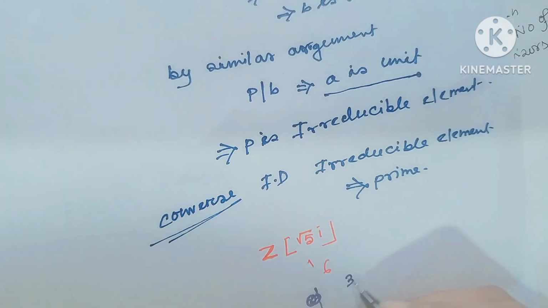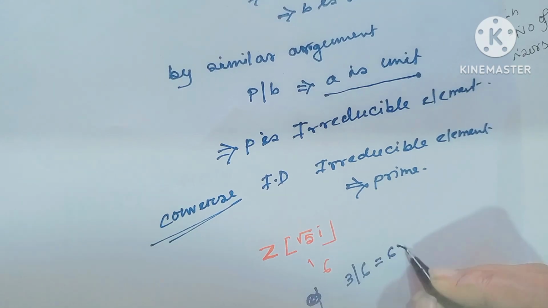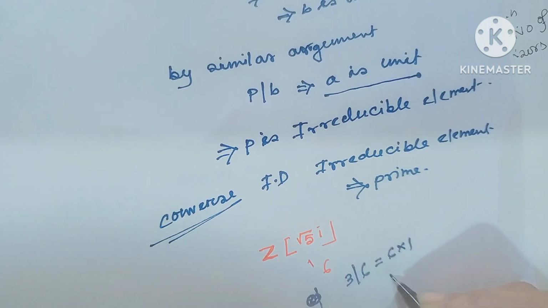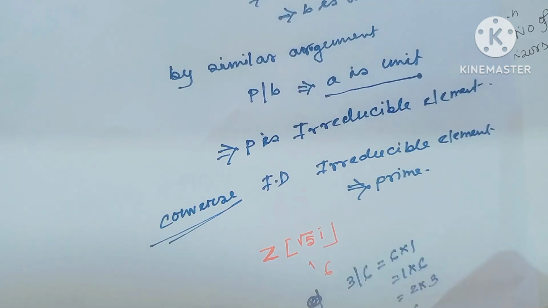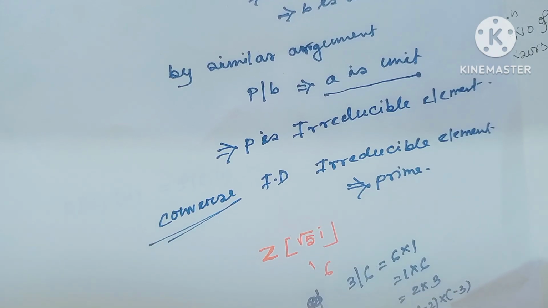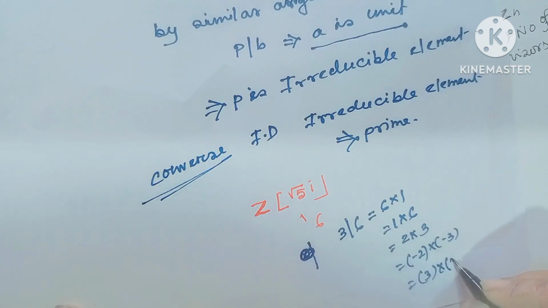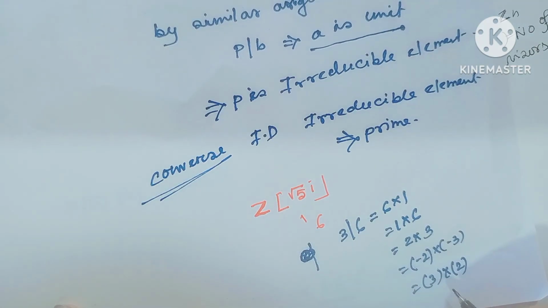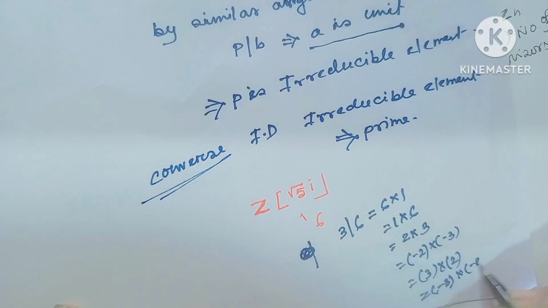Then 3 divides 6, and 6 equals 6 times 1, 1 times 6, 2 times 3, minus 2 times minus 3, 3 times 2, minus 3 times minus 2.